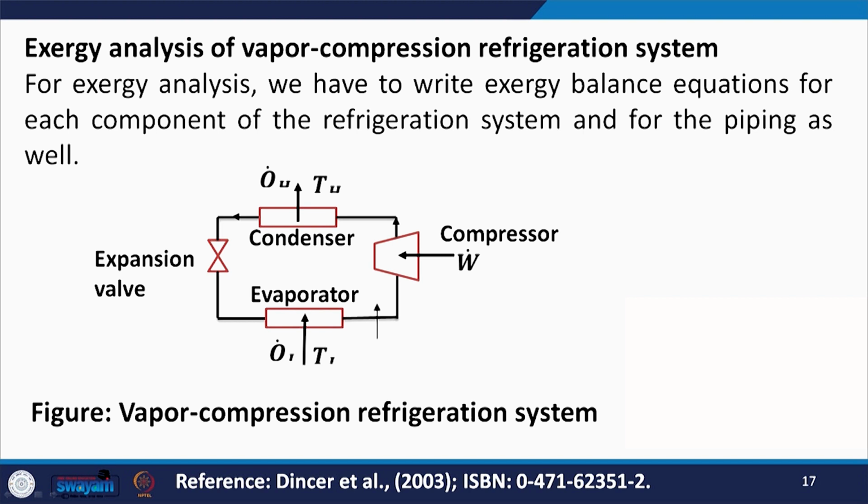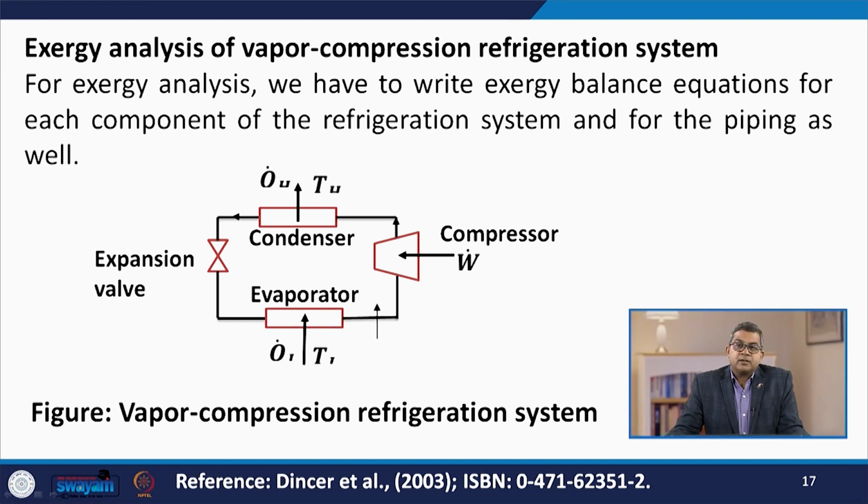Now let us talk about the exergy analysis of the vapor compression refrigeration system. For exergy analysis, we have to write the exergy balance equation for each component of the refrigeration system and for the piping as well.